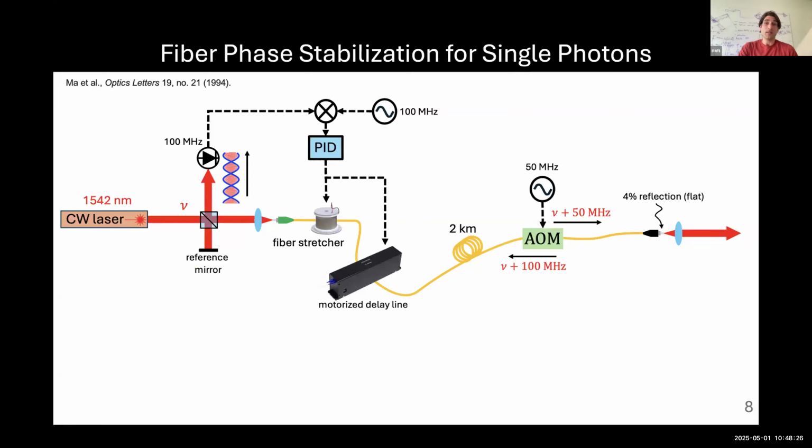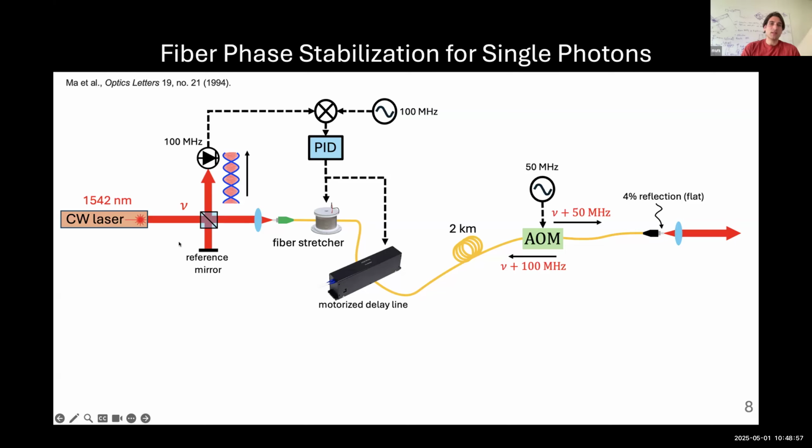That's a really important thing to do here if you want to stabilize very well, and that's also here in this diagram. What I'm showing you here is all the details of how we take a laser and distribute that phase across a fiber without adding extra phase noise.